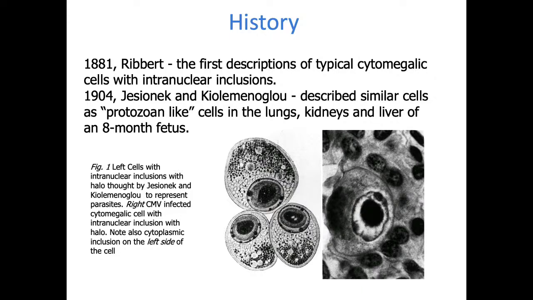And why the owl's eyes? This is the nucleus, and it forms inclusion bodies. Herpes simplex virus also causes formation of inclusion bodies. These are DNA viruses, and they replicate their genomes in the nucleus. And what are inclusion bodies?